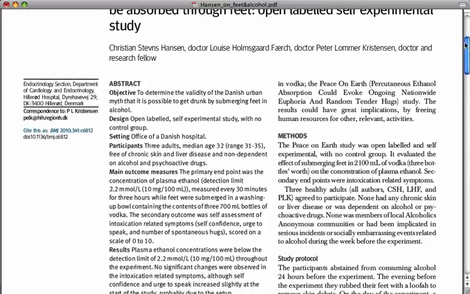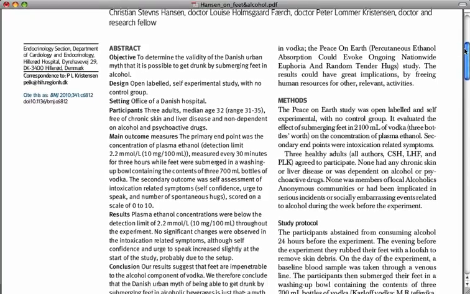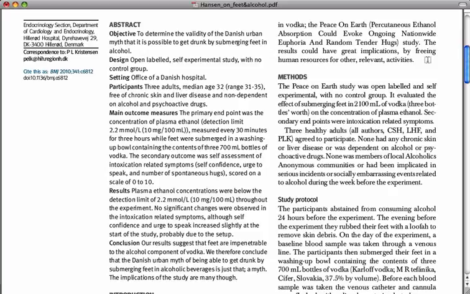So, for instance, if we look at the methods section, the focus here is on the subjects of the study, and the procedures that they were subjected to.